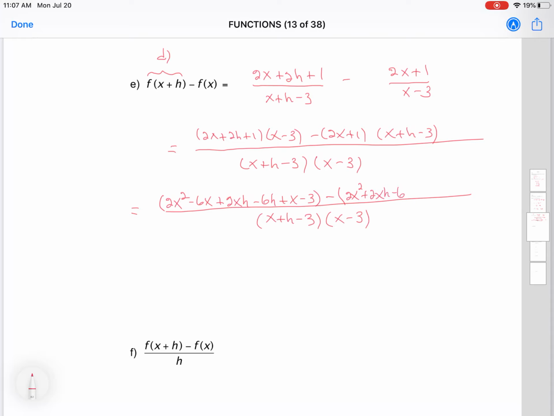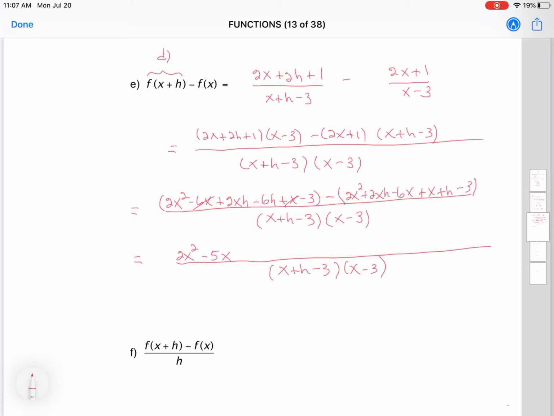The second bracket, we do the same thing, so 2x squared plus 2xh minus 6x plus x plus h minus 3. So we're going to do what now? What would you do? Would you bring the negative side inside the bracket to see if there are cancellations? I think it's a good idea. So we're going to leave the denominator alone, and we're simply going to open up these brackets.